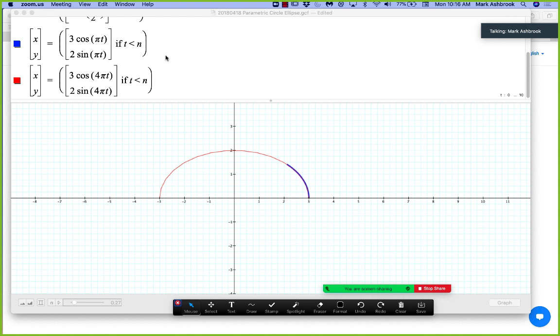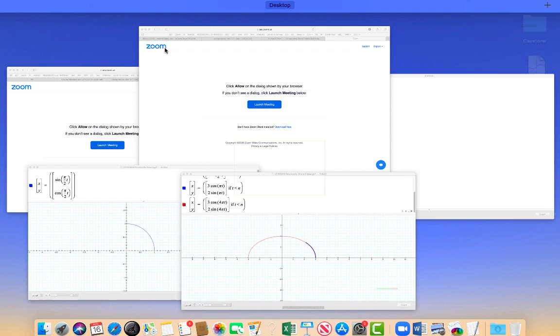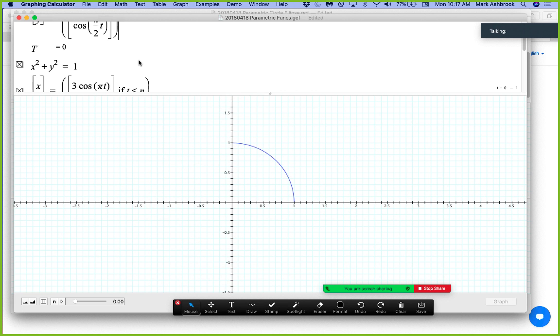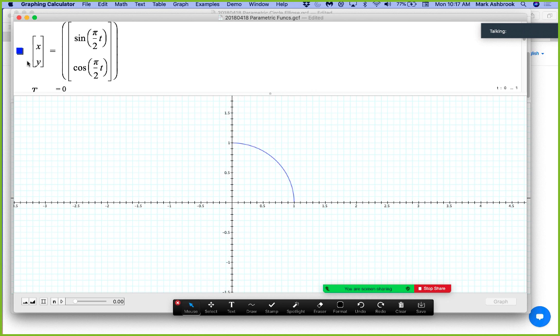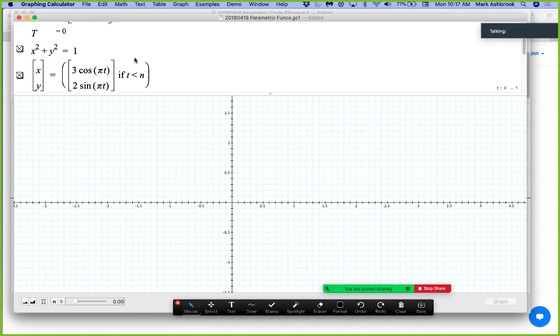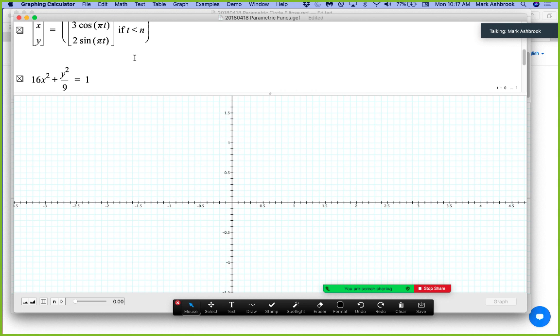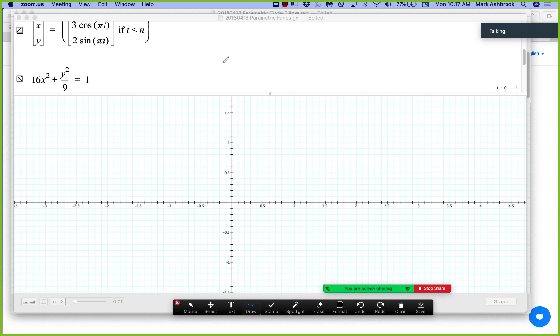So let's look at 16x squared plus y squared over 9 equals 1. Let's get that into ellipse form.